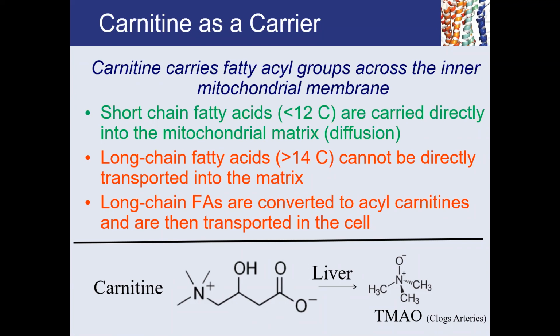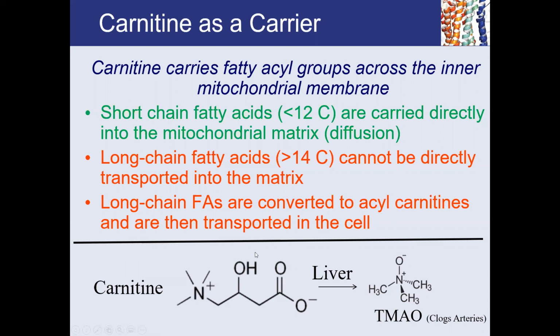It turns out that those long chain fatty acids, even when they are activated, are first converted to a molecule called acylcarnitine, and that acylcarnitine is how they are transported into the mitochondrial matrix.